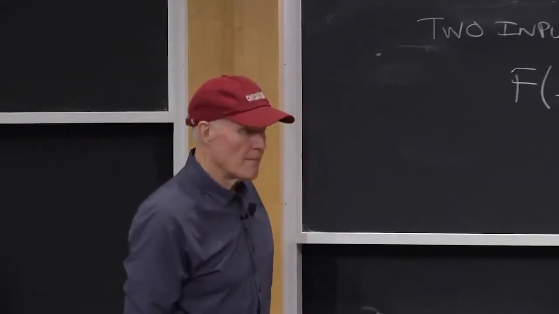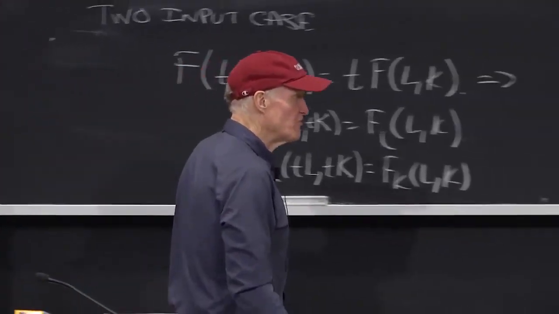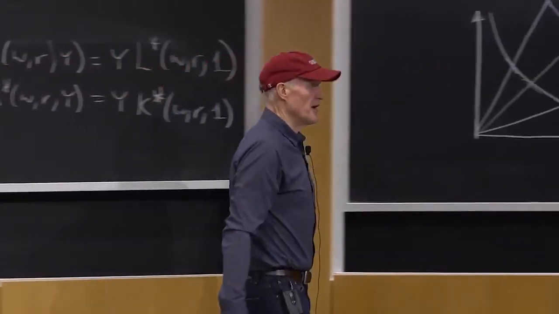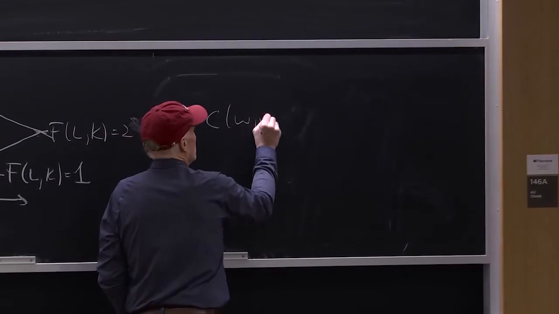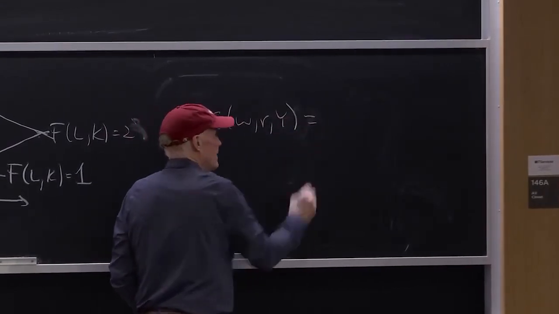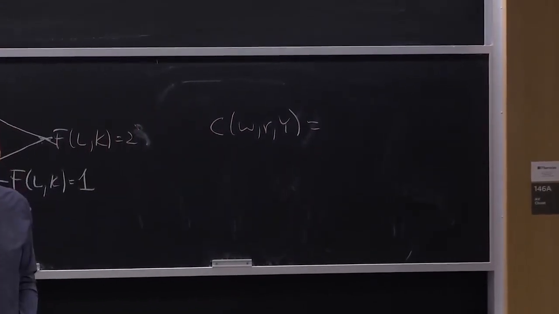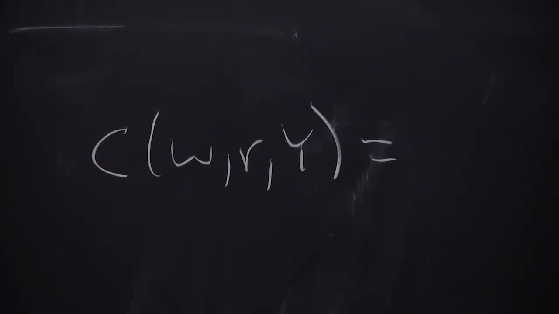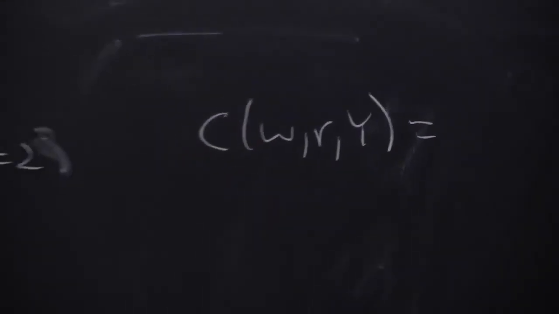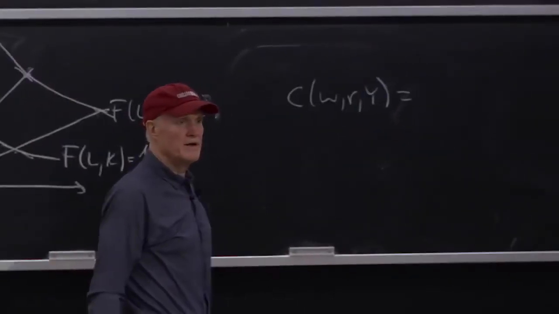Okay? In terms of the cost function, what does the cost function with constant returns to scale look like? C of W, R, and Y. What does it look like? How can you look at a cost function and say, oh, constant returns to scale? What will it always look like?